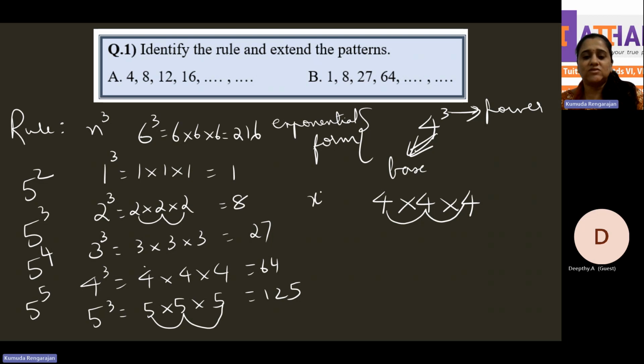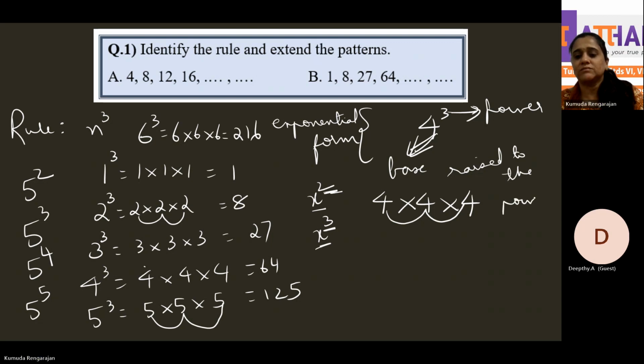Now this is x squared, x cubed, or you can also read it as x raised to the power 2, x raised to the power 3. N to the power 3, n raised to the power 3.